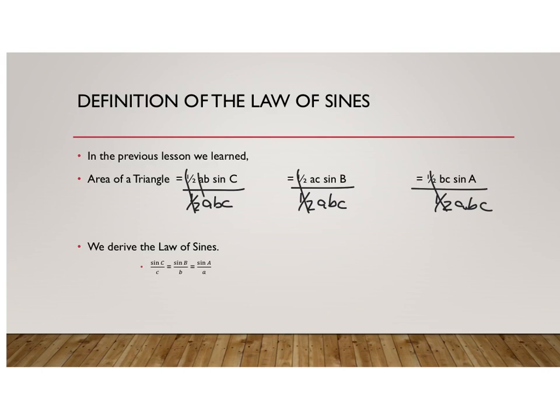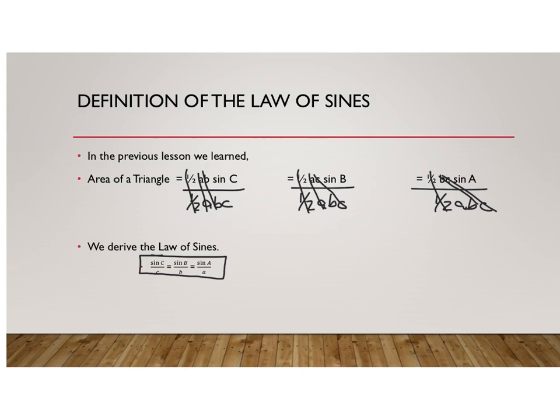Here we cancel the A and the B. Here we could cancel the A and the C. And here we'd cancel the B and the C. And what we're left with is the sine of C is to C as the sine of B is to B as the sine of A is to A.